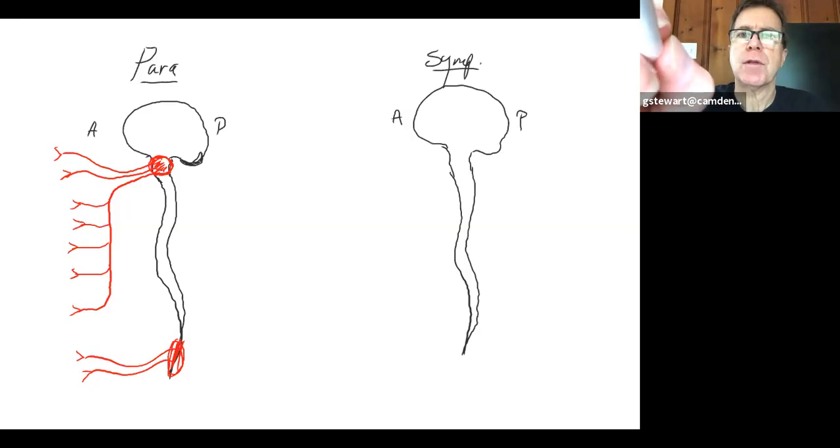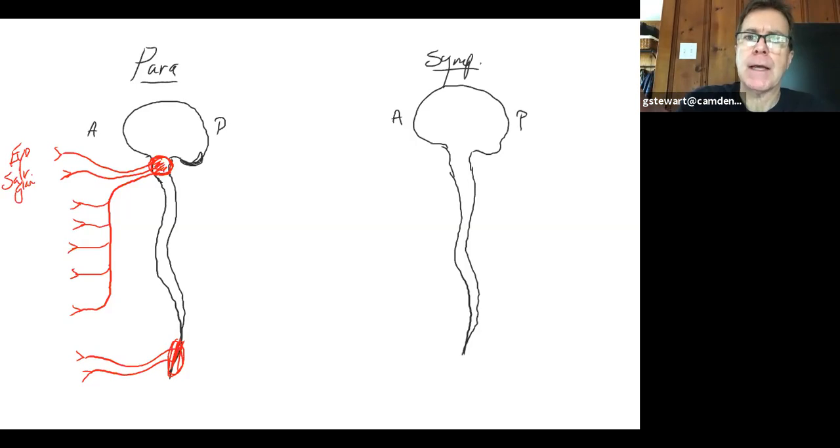And this would just be going to stuff like the eyes and salivary glands. And all of these down here are innervating things in our, like, first would be the heart, the lungs. I'm not going to write all of them. These are just examples.